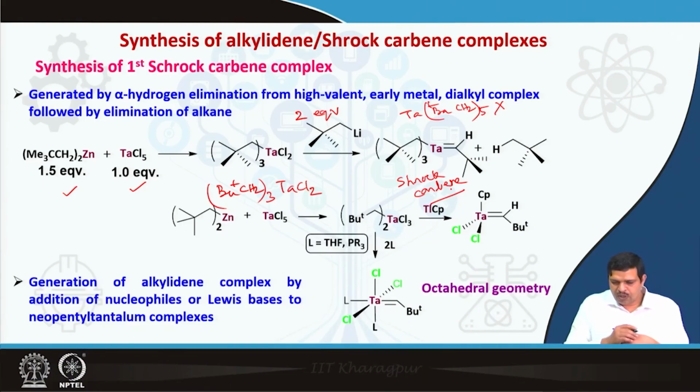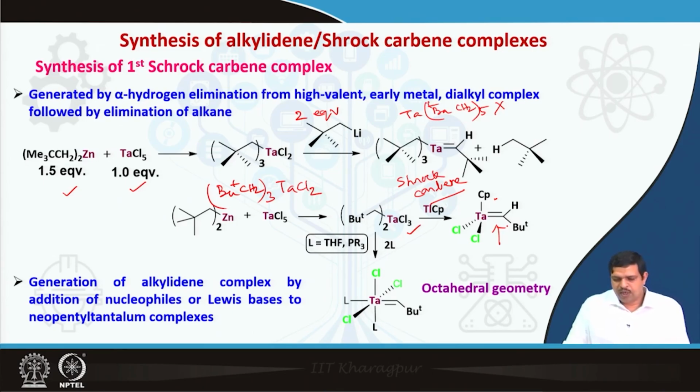Similarly, here you will see this tertiary butyl, as already discussed in the last slide, you can also get the neopentyl tantalum trichloride and react with thallium Cp, and you will get this one, and then it will undergo the carbene formation, that is alpha H elimination, and you get the corresponding metal carbene, that is the Schrock type of carbene complexes.